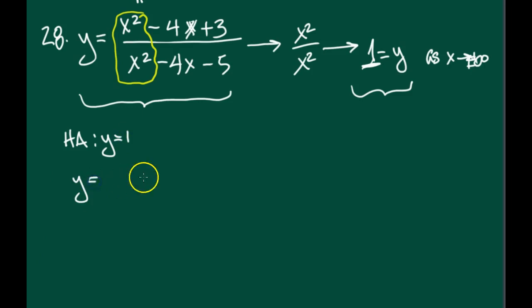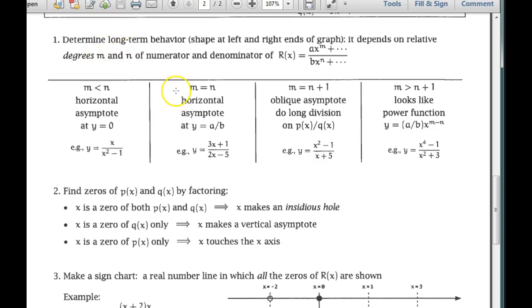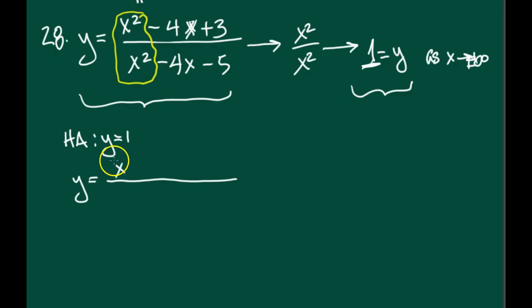And now I'm going to factor both of these. That's step 2 on our handout. We've determined the long-term behavior. It's a horizontal asymptote at the ratio of the leading coefficients of the numerator and denominator. And now I have to factor to find the zeros of both the numerator and the denominator. So I have x minus 3 times x minus 1 over x minus 5 times x plus 1.